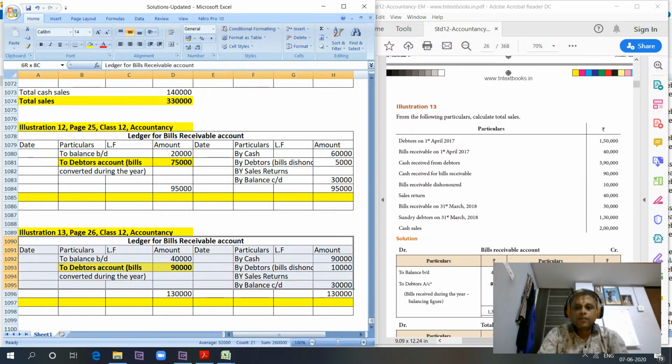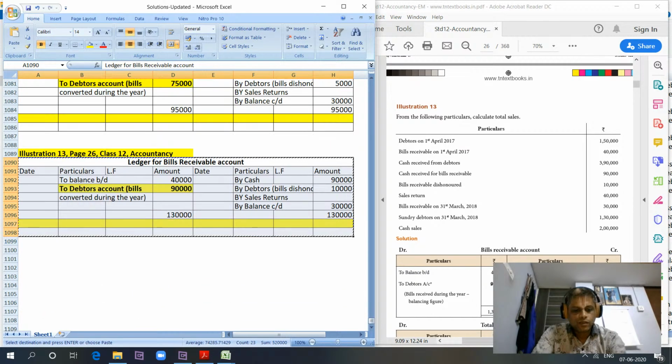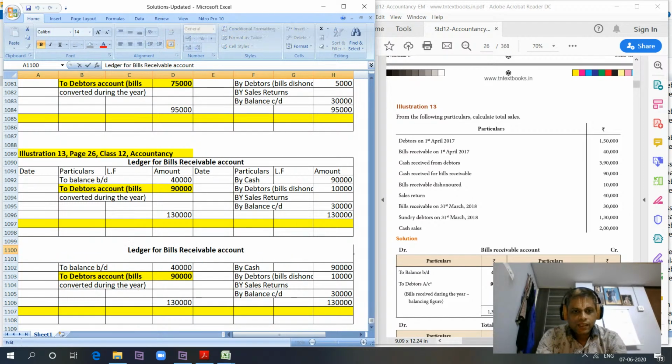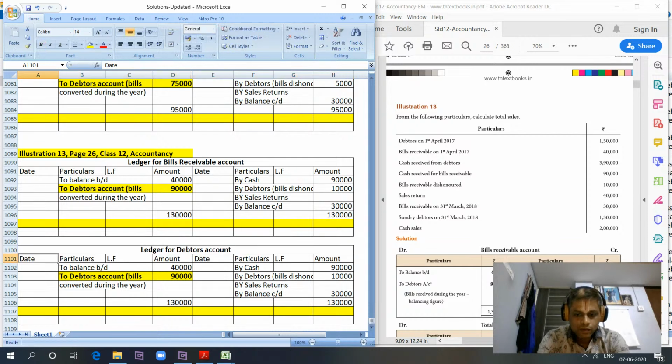Now let's prepare the ledger for the sundry debtors account. Beginning balance in the debtors account is 1,50,000.